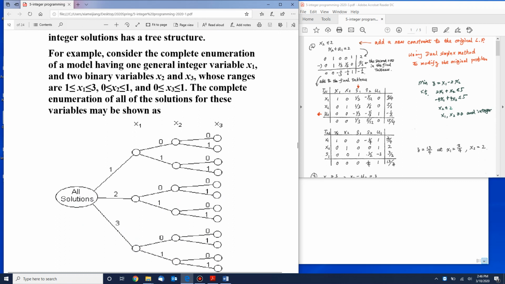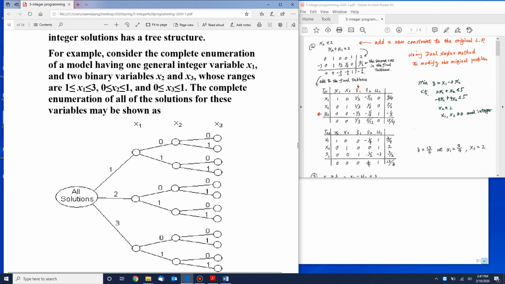And what we do is we work on each of the variables. If we want them to be integers, then we separate them. For example, x1 is between 1 to 3, so first we work on x1. x1 could be 1, x1 could be 2, x1 could be 3.